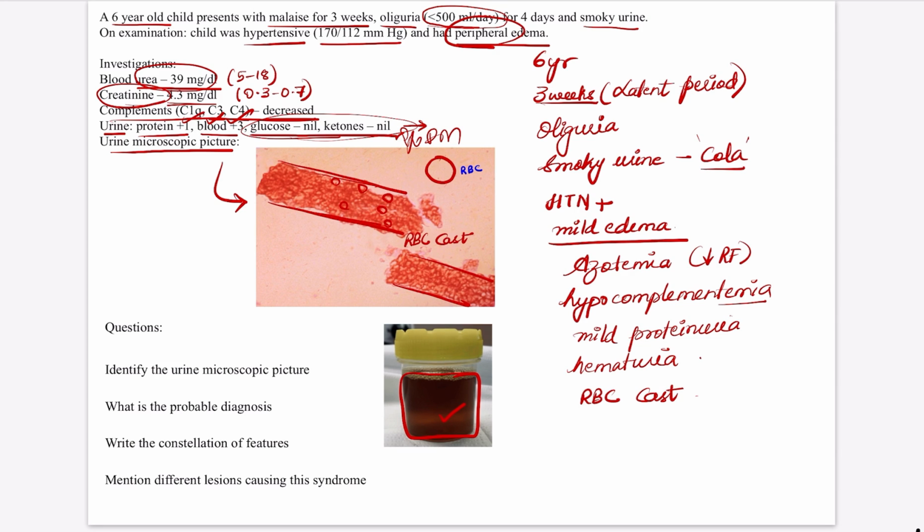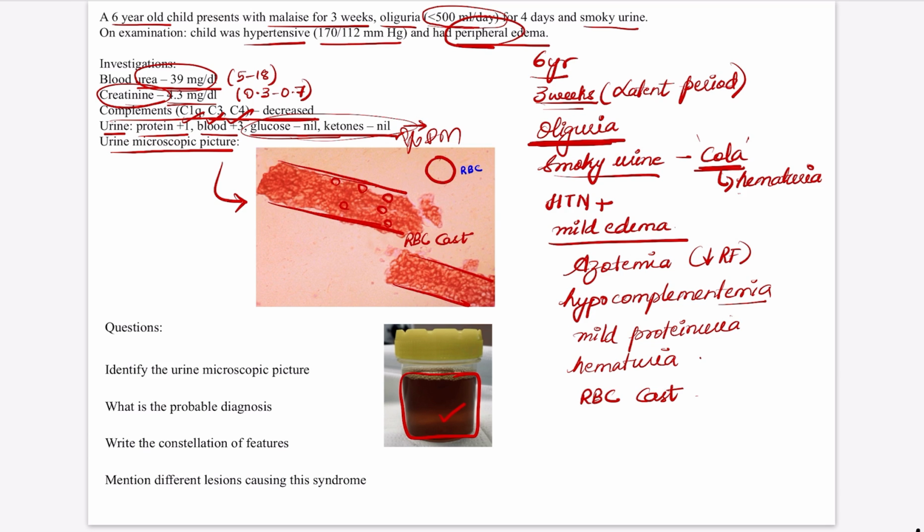From these clues given in the question, what can we infer? A 6-year-old child, 3 weeks history. Importantly, there is oliguria. Cola colored urine indicates hematuria, where RBCs are lysed and the free hemoglobin passes out in the urine, giving a cola colored urine.